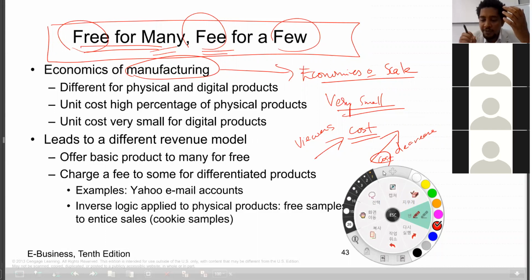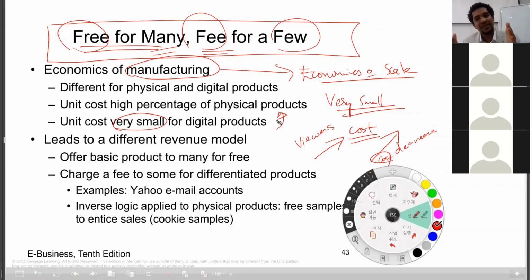You pay a very little amount of money to have a very large number of viewers. So the unit cost is very small as compared to physical products or as compared to the manufacturing sector.